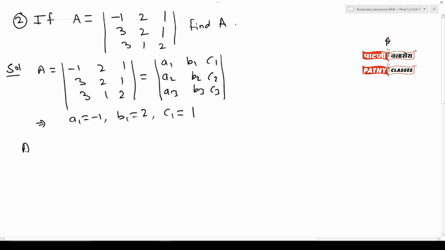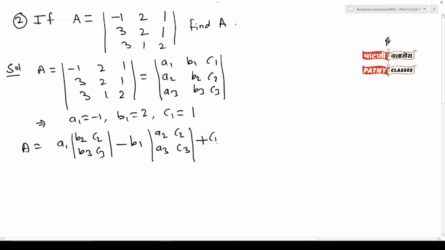Now determinant A is nothing but a1 multiplied by the minor of b2, c2, b3, c3, minus b1 multiplied by the minor of a2, c2, a3, c3, plus c1 multiplied by the minor of a2, b2, a3, b3.